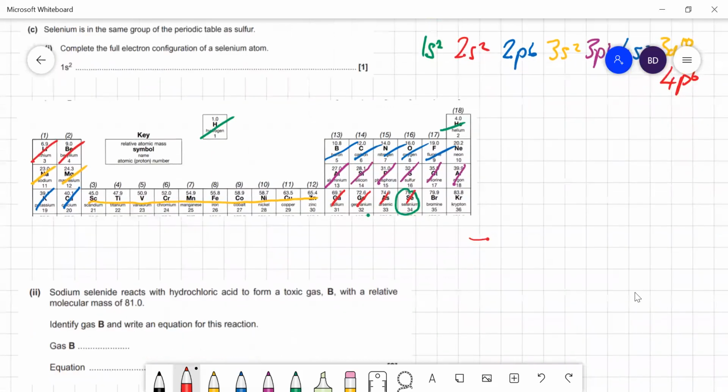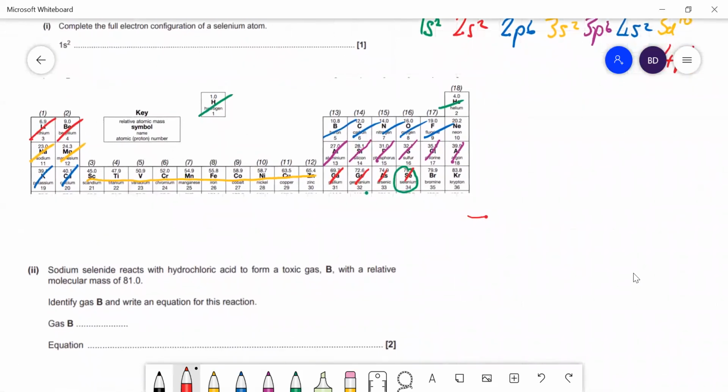Okay, sodium selenide. Now that's probably going to have the formula Na2Se, because Se is going to form a 2- ion like oxygen in the same group and like sulfur in the same group. That reacts with hydrochloric acid to form a toxic gas B with a relative molecular mass of 81. Now look at the Mr of selenium there.